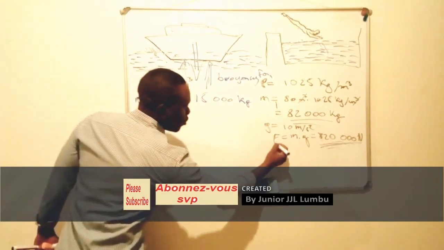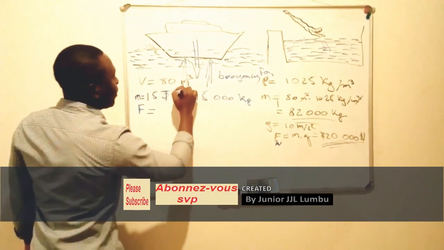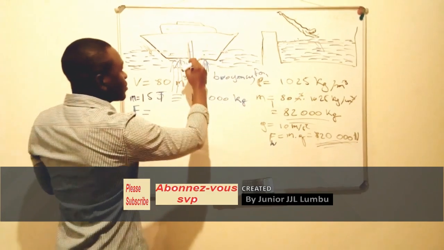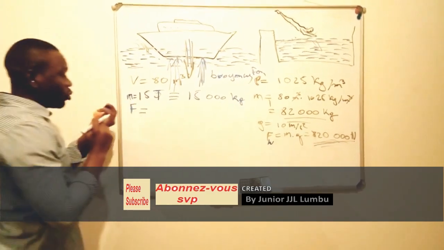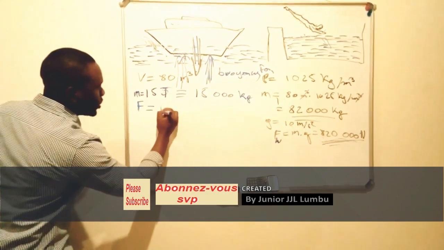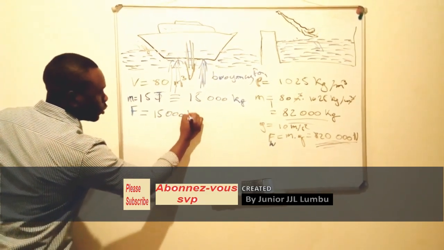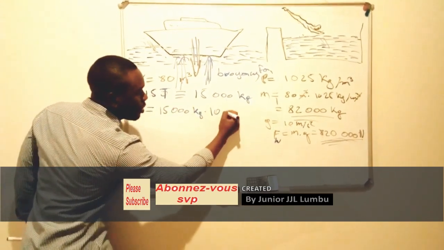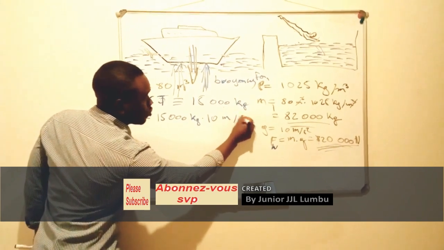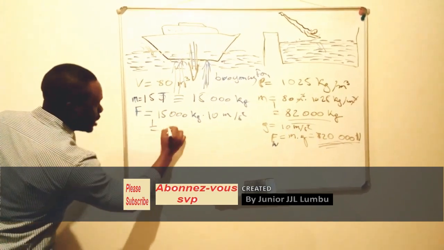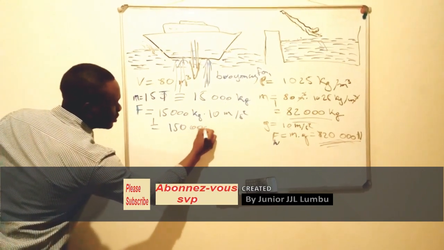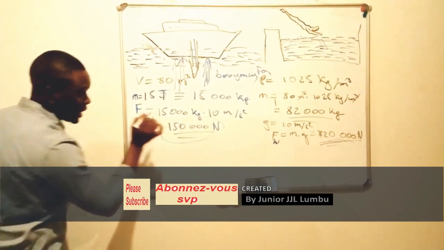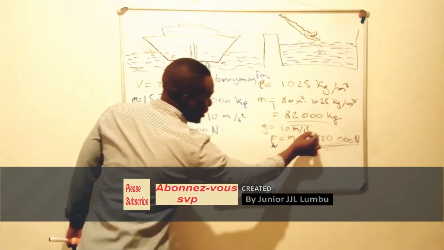This is the force of water applied on the boat, and this is the force of the boat applied on the water, which is equal to 15,000 kilogram multiplied by the gravitational acceleration of 10 meter per second squared. This gives me 150,000 Newton. We realize that this one is lower than that.